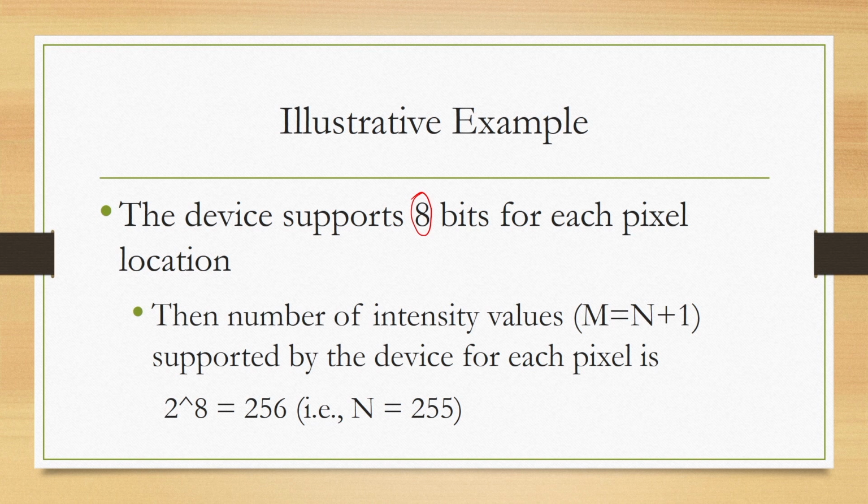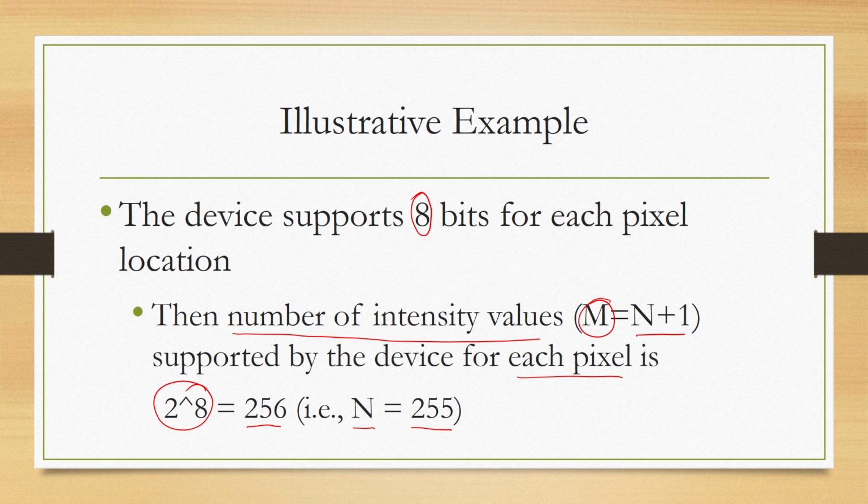Then the total number of intensity values, which we can denote by m to be n plus 1 as discussed earlier, supported by the device for each pixel is 2 to the power 8 or 256. So, m equal to 256, that means n is 255.